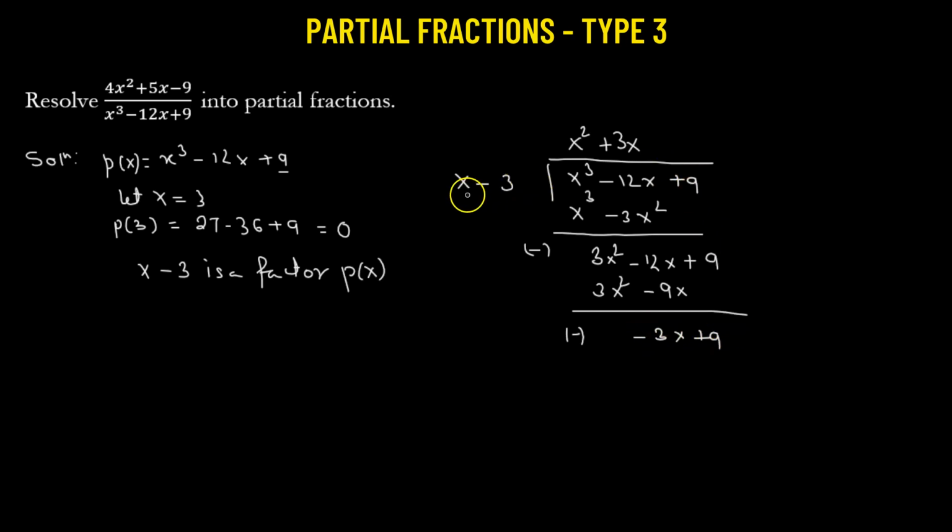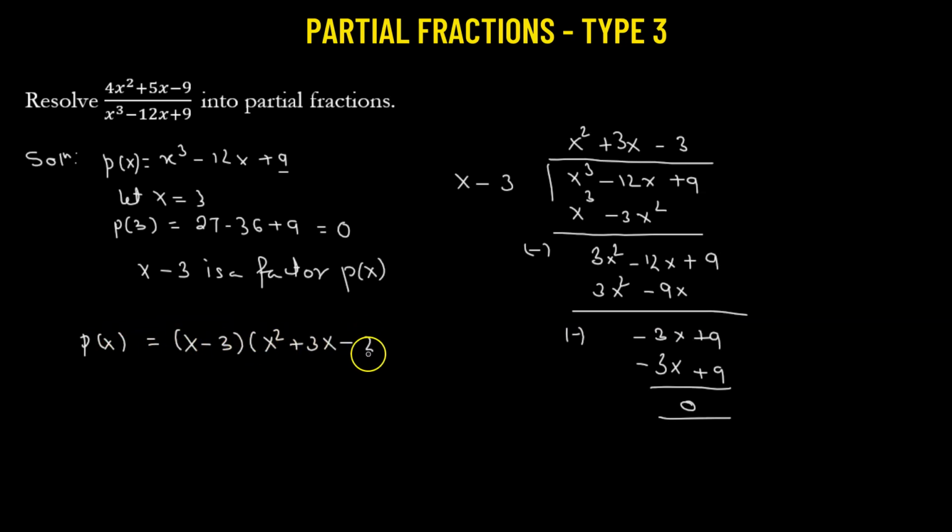Finally, we'll multiply x minus 3 with negative 3, such that x times negative 3 gives us negative 3x, and negative 3 times negative 3 is positive 9. So we have a remainder of 0, and through this long division method, we have shown that x squared plus 3x minus 3 is the other factor of the cubic polynomial. So p(x) can now also be expressed as x minus 3 multiplied by x squared plus 3x minus 3.